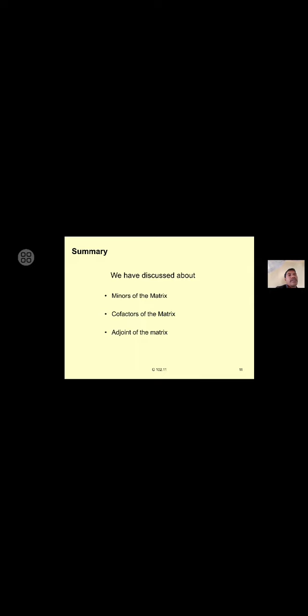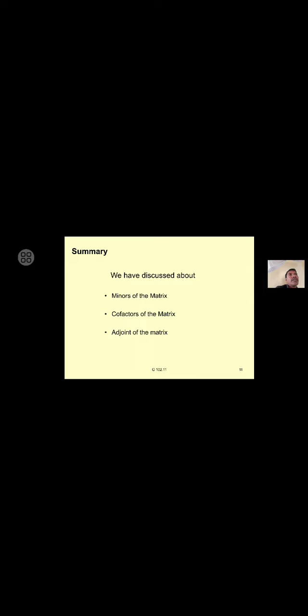So these are the 3 points, related to each other. If we know the minor, we can understand the cofactor. If we know the cofactor, we can understand the adjoint of the matrix.